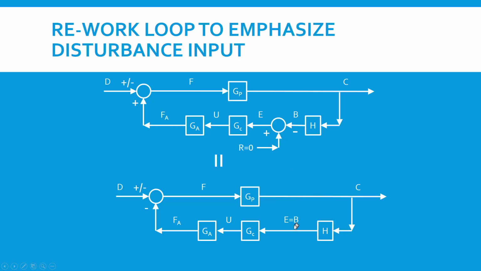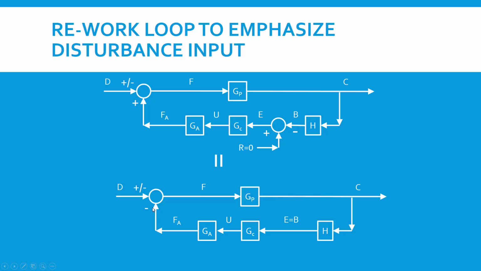It doesn't look like we preserve that action here, but if you look carefully at this loop, the original loop, simply redrawn, has the signal from the actuator entering the disturbance summing block as a positive. And all that we've done here is move that negative sign downstream, changing the flip-flopping of signs from the comparator to the disturbance summing block.